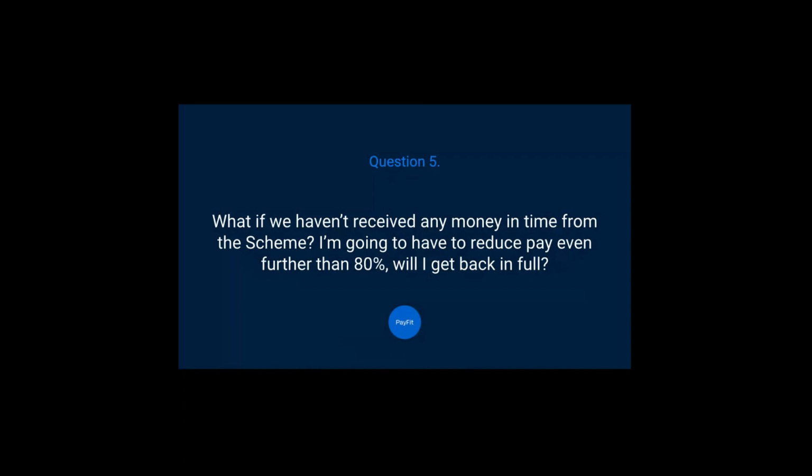Now, the HMRC haven't confirmed yet whether you can make a partial furlough payment to the employees and then pay an additional amount at a later date. But the current guidance does state that employees must receive no less than 80% of their salary. So I would encourage employers in this situation to look at other financial support being offered to businesses until the furlough claim is received.